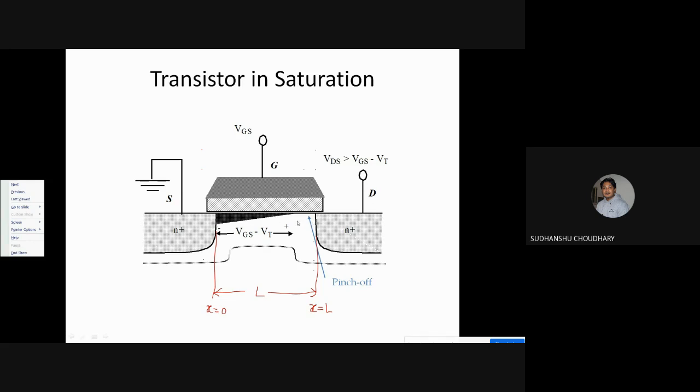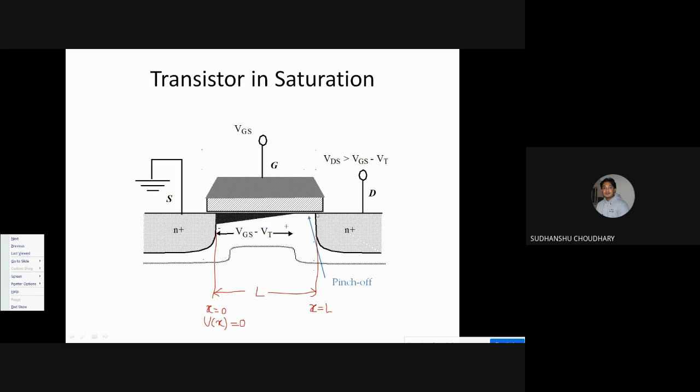For example, at this point the source is connected to 0, so the channel potential is 0. Let us say the channel potential is represented by Vx. So Vx at x equal to 0 is 0, because the source is connected to 0.